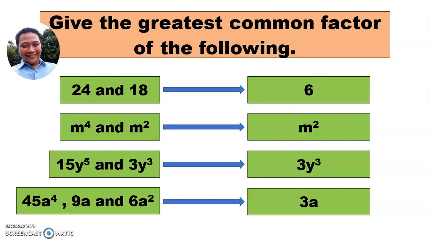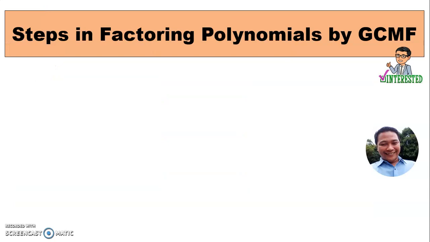Now from here, you are ready to factor polynomials by greatest common monomial factor. But wait! We should always have a guide in factoring polynomials. And what are these guides? These are the steps that we should follow for us to factor polynomials by greatest common monomial factor. So here are the steps.